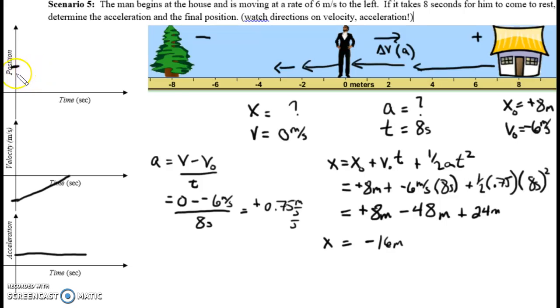And over time, it's getting smaller, which means the slope will go from steep to shallow. So if we start with a steep negative slope and make it more shallow, as time goes on, the slope will go to 0, all right, which means the velocity is 0. So your position versus time graph will look something like this.